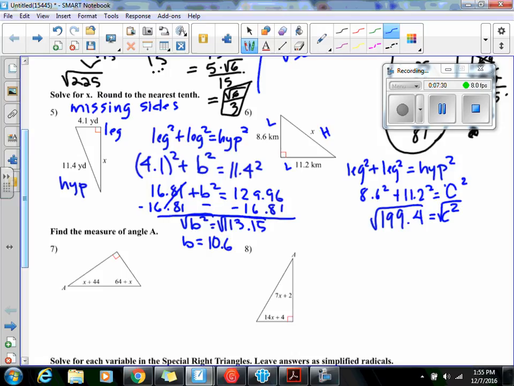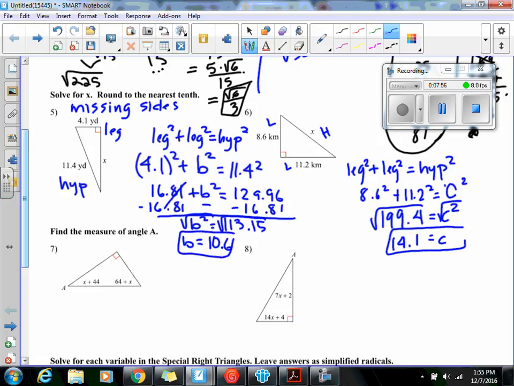The reason I knew my answer wasn't right was because of the way I typed it in. I got 80 something, and I knew that this was going to be more than 80 something. So I used my reasoning skills, and I'm going to take the square root of 199.4, and I get 14.1 as my final answer. Okay?